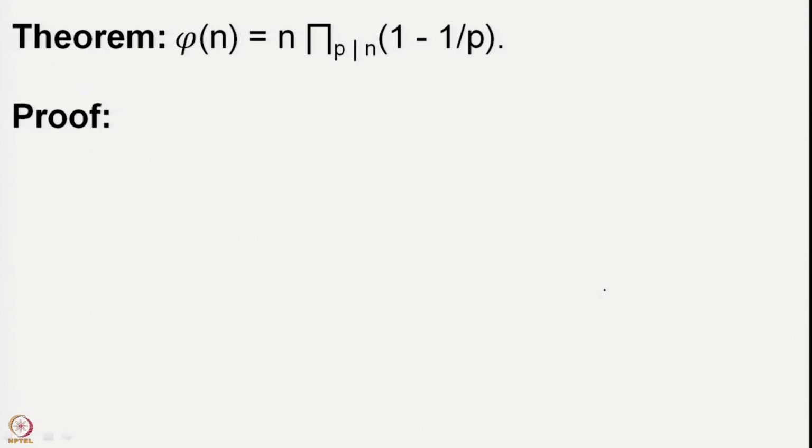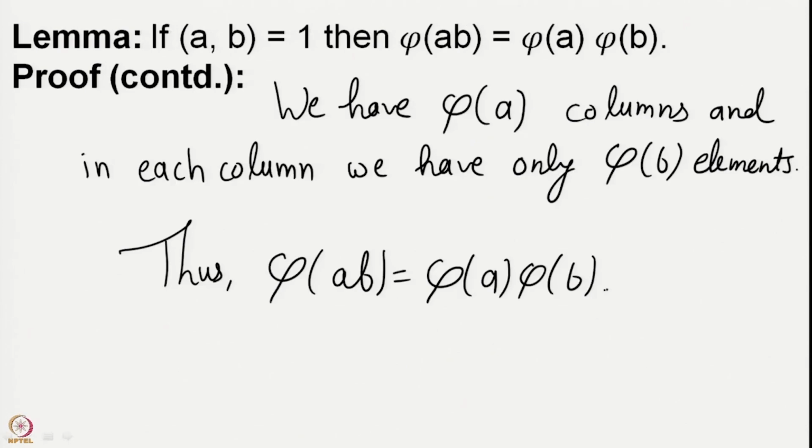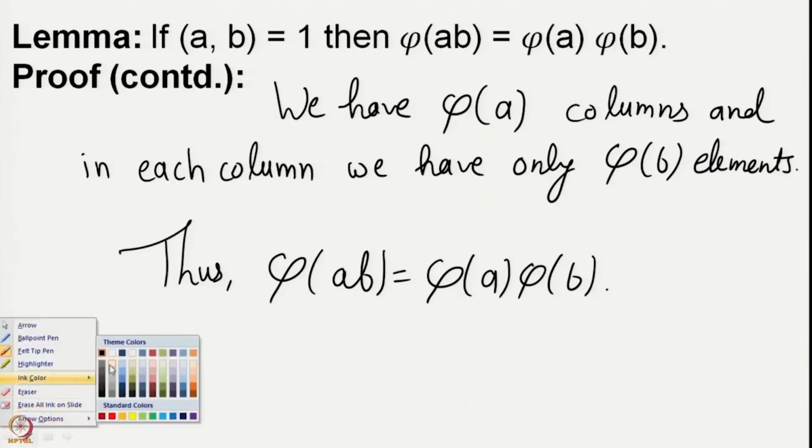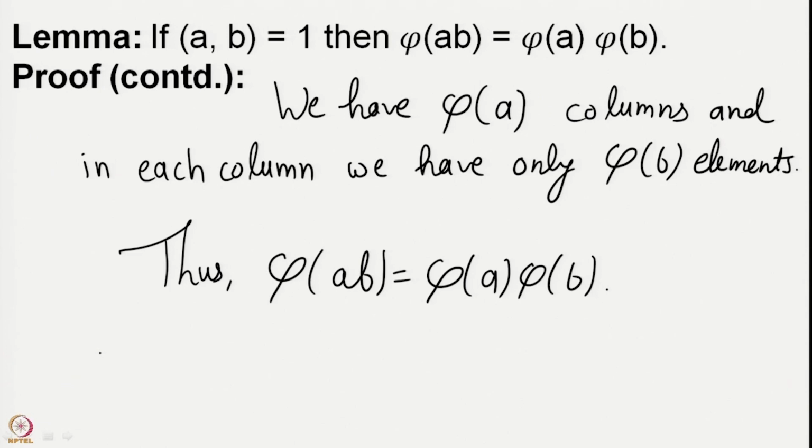Just to give you an idea of this proof, let me work this proof out in the very special case where we have A equal to 3 and B equal to 4.